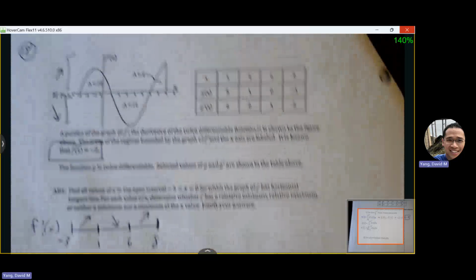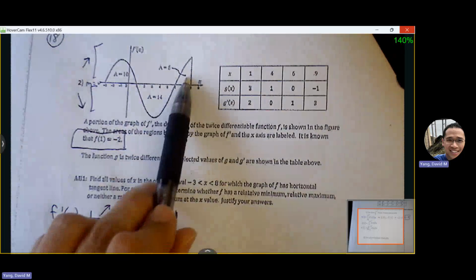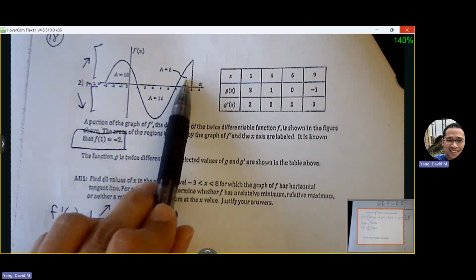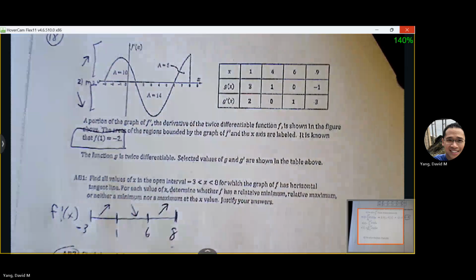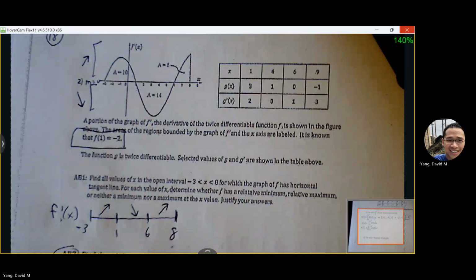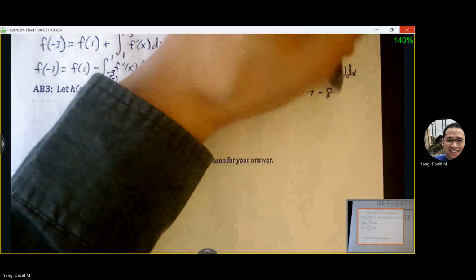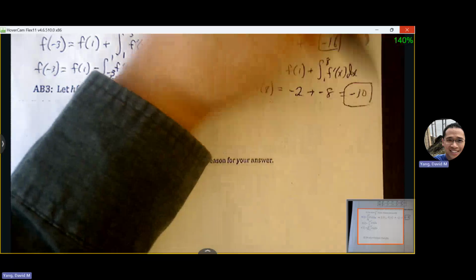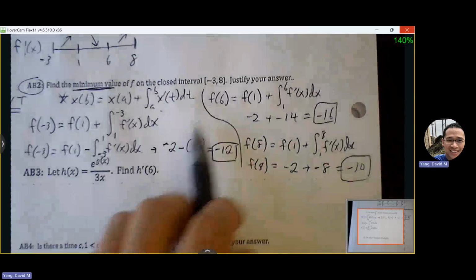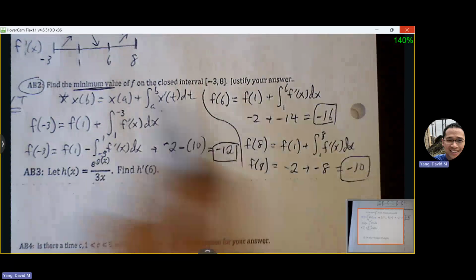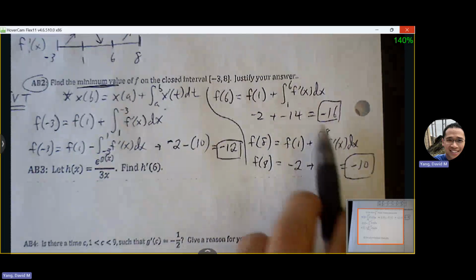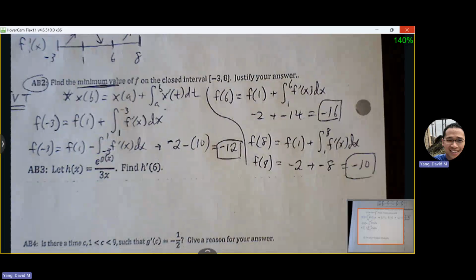And then we just add up the areas here. -14 plus 6 is -8. -8 minus 2 is -10. So between these three values, we're looking for the lowest y value. The minimum value between these three candidates is -16. So the absolute minimum is -16.